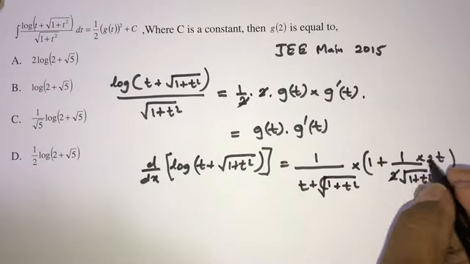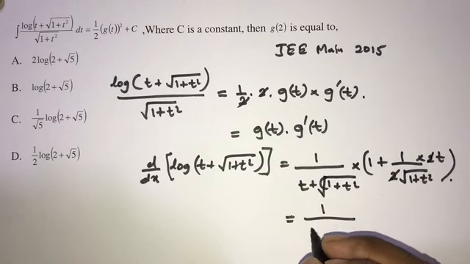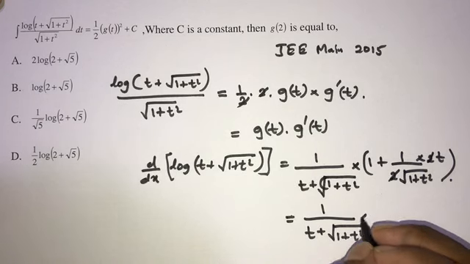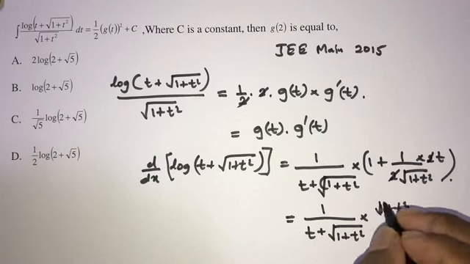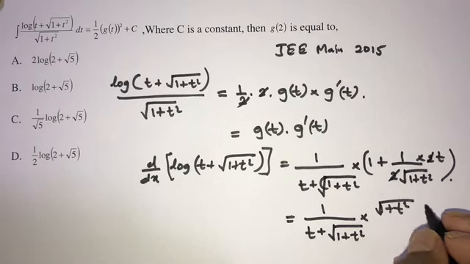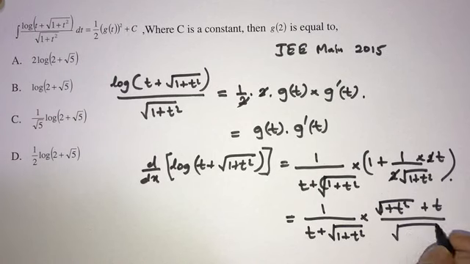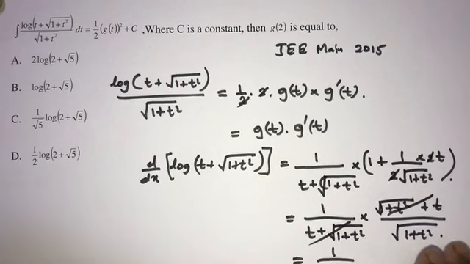Okay, now these two get cancelled, and here we have 1 over t plus square root of 1 plus t square times square root of 1 plus t square plus t over square root of 1 plus t square. So these terms get cancelled, and we have 1 over square root of 1 plus t square.